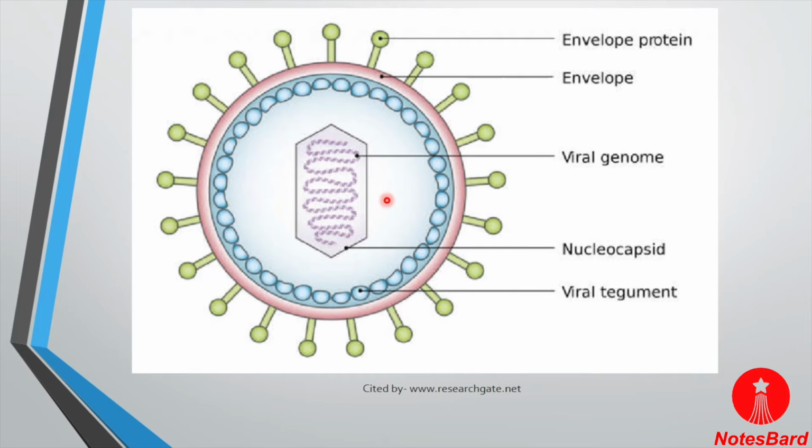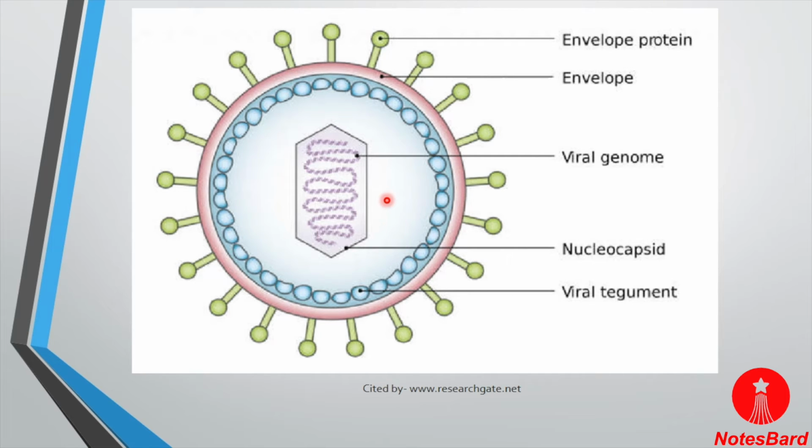This genetic material is enclosed in a proteinous layer called the capsid. The capsid is a protein shell of the virus which encloses its genetic material and acts as a protective layer for it. This is also named the nucleocapsid.